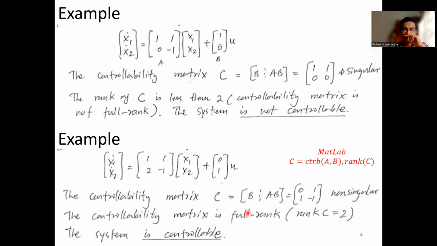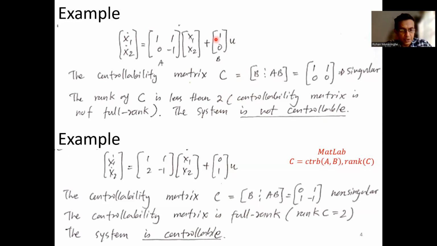Any questions, please? Is controllability as a concept very clear? And is the process of how you check controllability of a plant also clear? Any questions, please? Let me check with some of you.